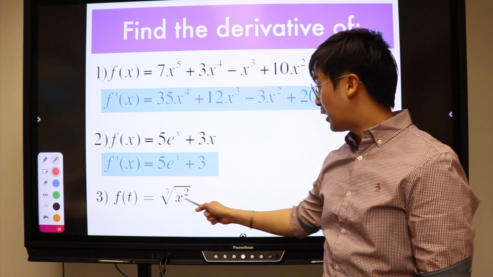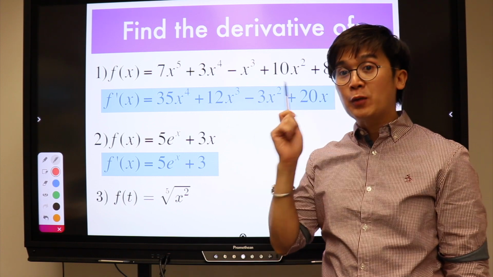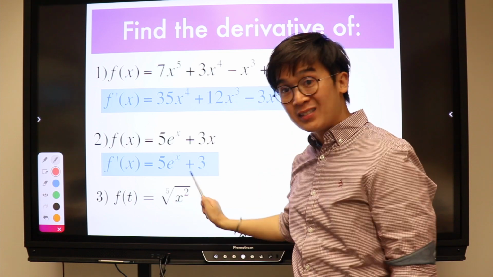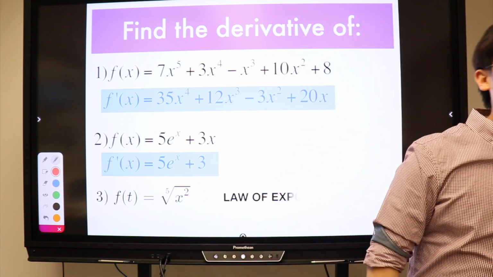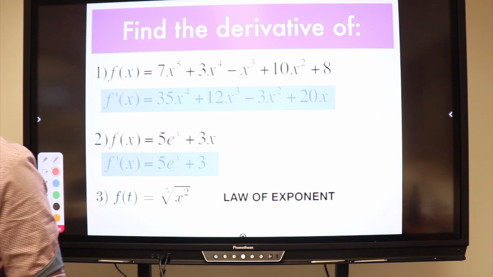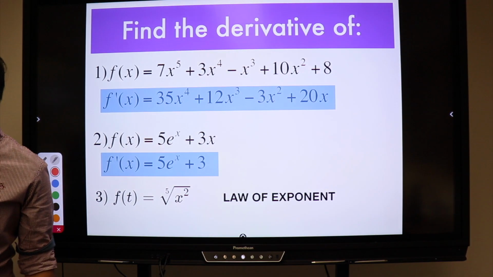You have an exponent here, but you also have a root right here. So when this happens, every time you are finding the derivative of a radical, you need to use your law of exponents. You need to modify your function using algebra. So before you can use your calculus rule, you need to do a little bit of algebra first.